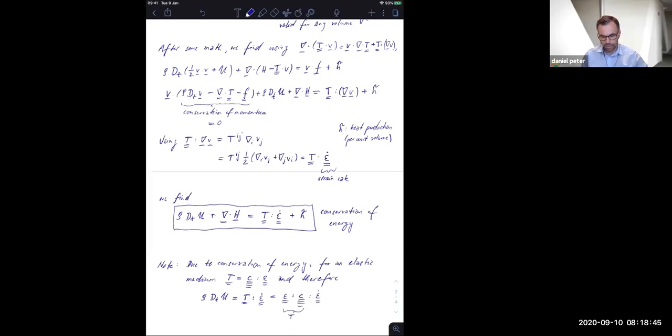So this is our stress, which is now related by Hooke's law to strain and the elastic tensor.